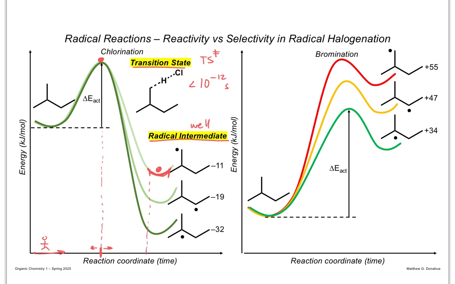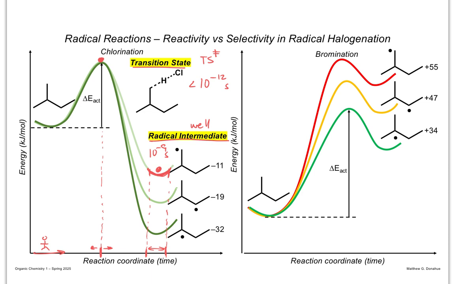So if I draw these lines down to the x-axis, now the time frame is longer. These are like 10 to the minus 9 seconds. So they exist for a little bit longer. They're a little bit more stable. But again, that's not a whole lot of time. A nanosecond is not a lot of time.